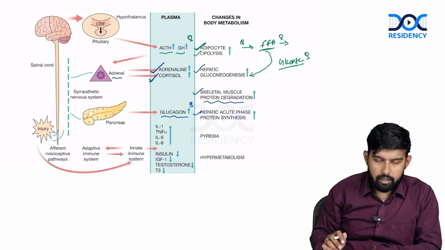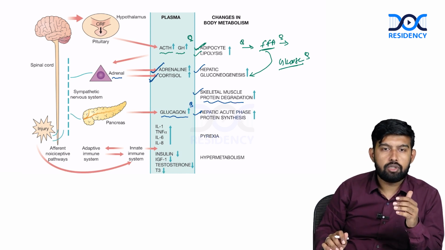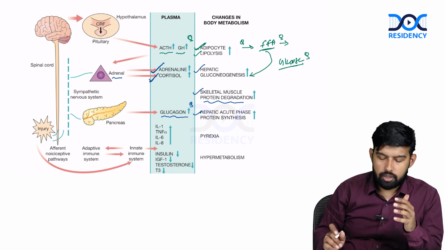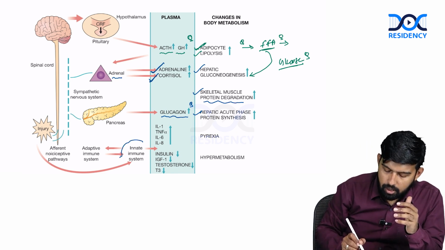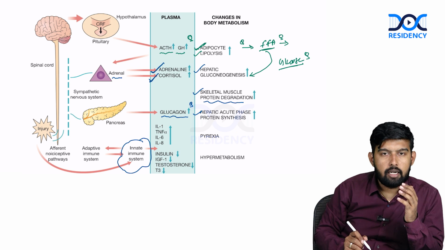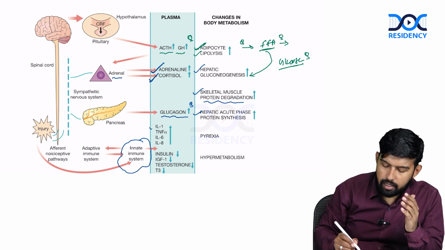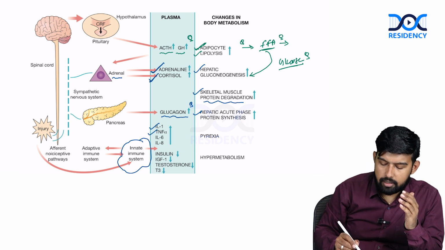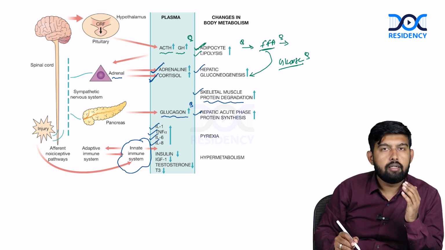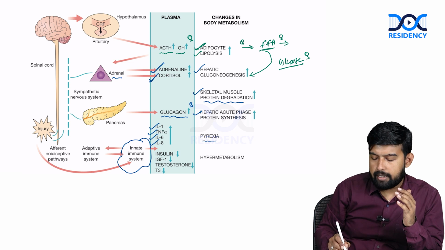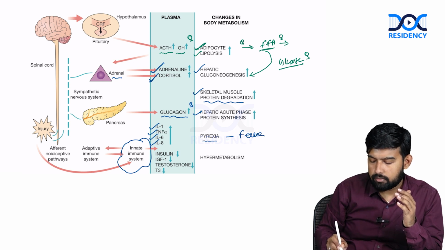The injury also stimulates the innate immune system, and it will result in the appearance of cytokines like interleukin 1, TNF alpha, interleukin 6, interleukin 8, and these are responsible for pyrexia, that is fever.